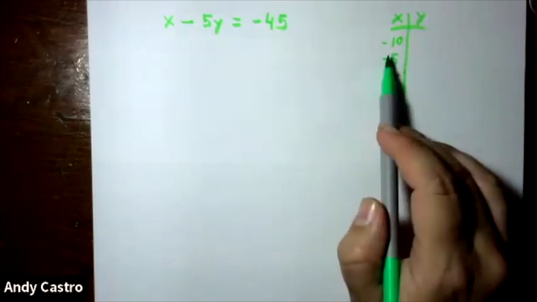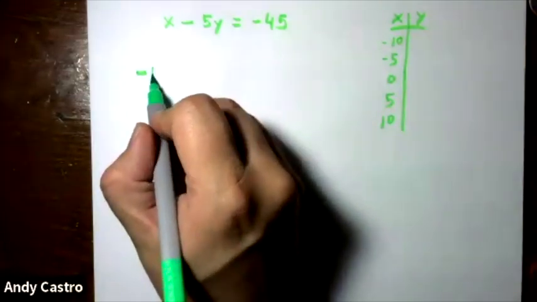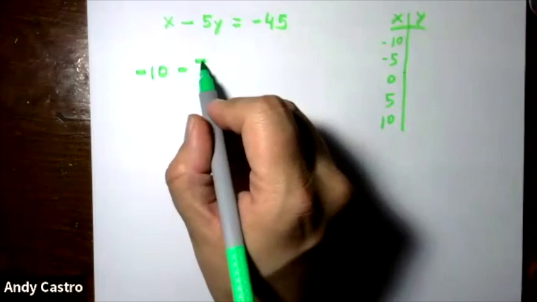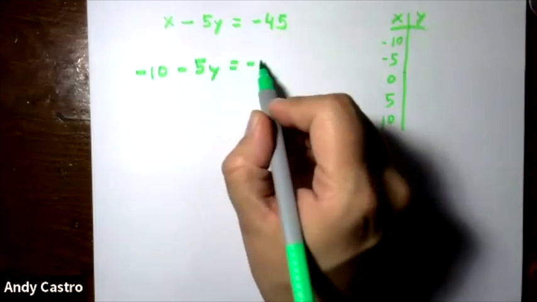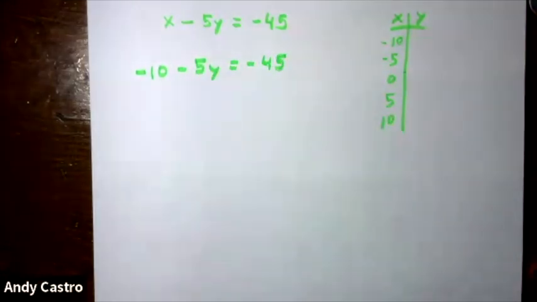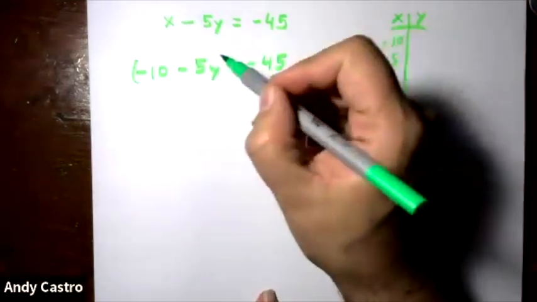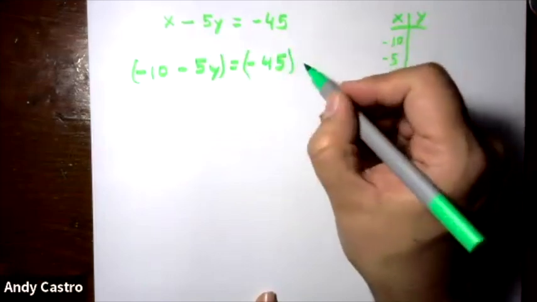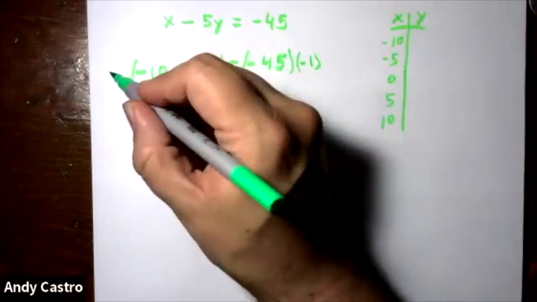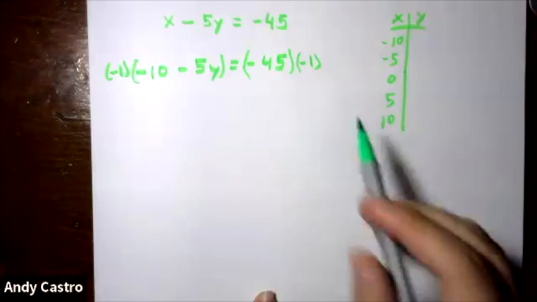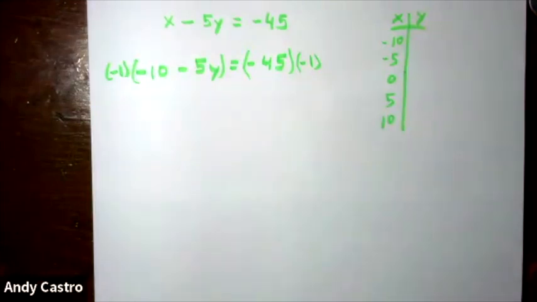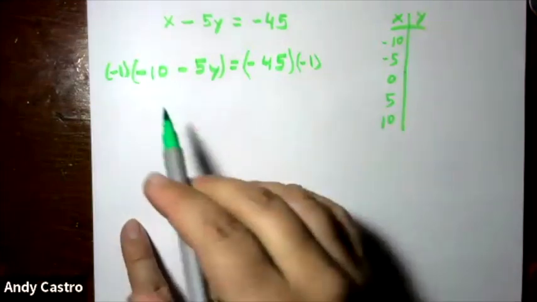All right, so the first thing we're going to do is plug in -10. So -10 minus 5y is equal to -45. One of the cool things here is since everything is negative, I can essentially multiply both sides by -1, because I can multiply both sides of any equation by anything I want. And it makes everything positive.